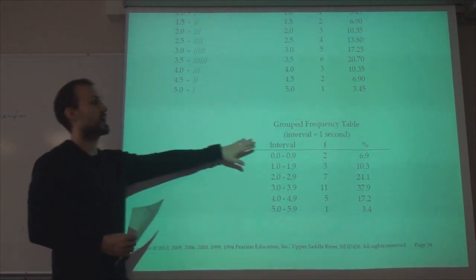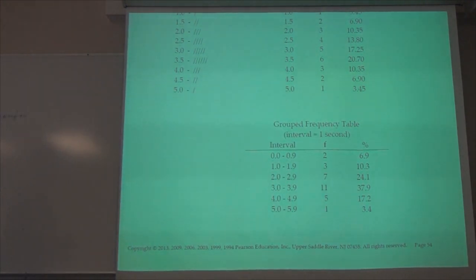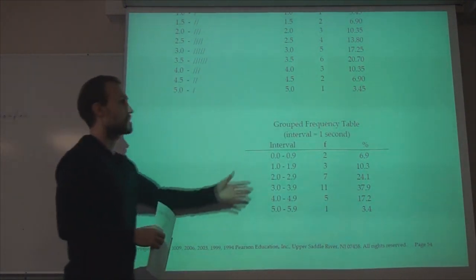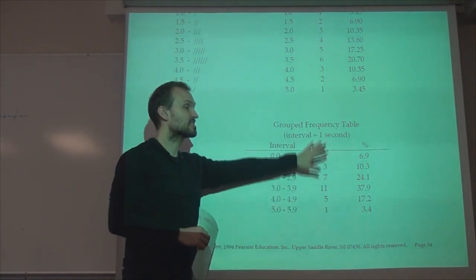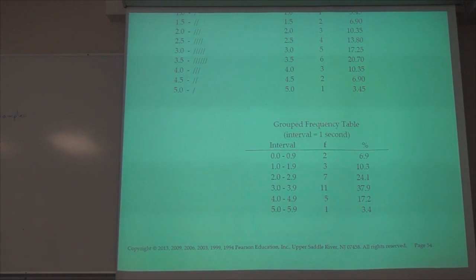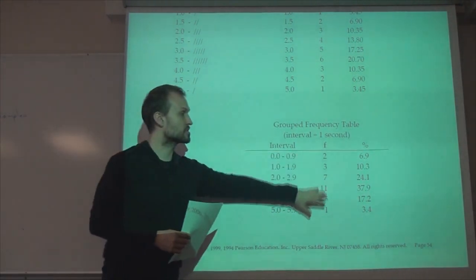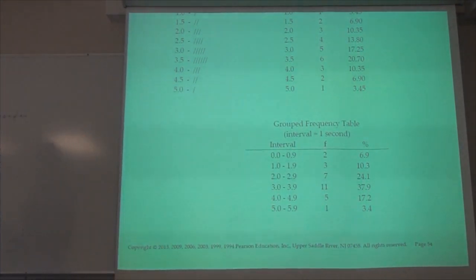And then, depending on how we choose our groupings, the frequencies might change. All the information is still there, but I've decided to have a smaller frequency table by grouping some of the values together. But the frequencies still add up to the total.